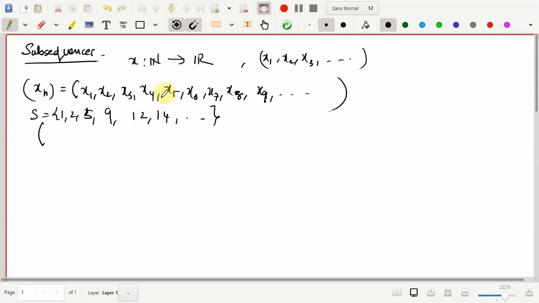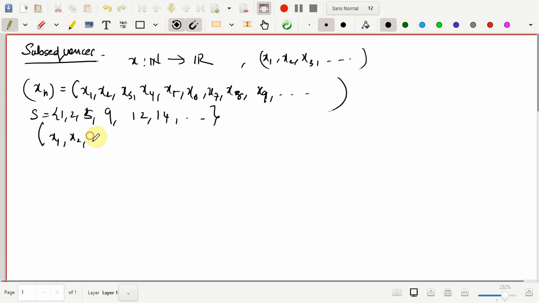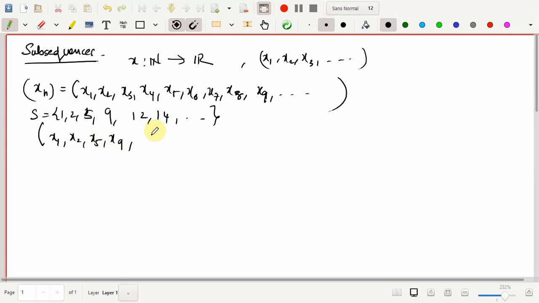Corresponding to these natural numbers, we have the terms x1, x2, x5, x9, x12, x14, and this goes on, based on the defining set S. The terms in this sequence are exactly the terms of the given sequence, except that certain terms are missing.